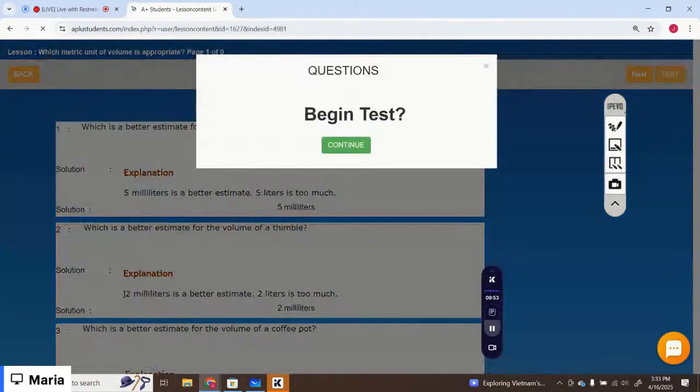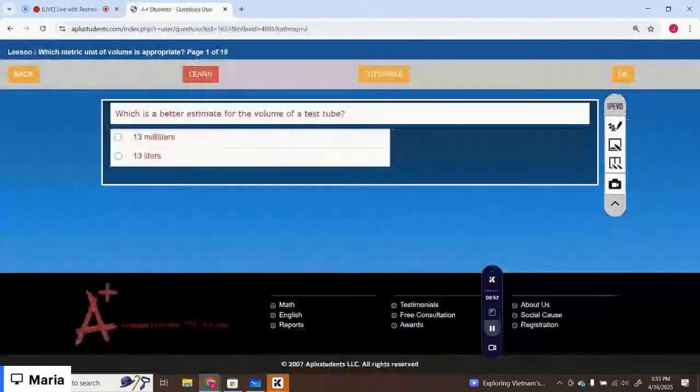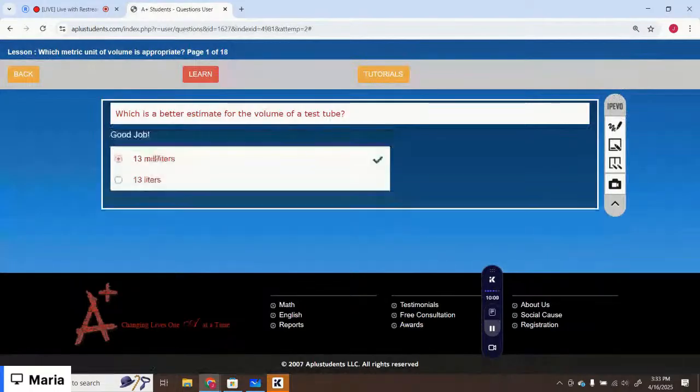Okay, let's just start with the test question. Which is a better estimate for the volume of a test tube? A test tube is very, very small. So then that is 13 milliliters. Option number 1 is the correct option.